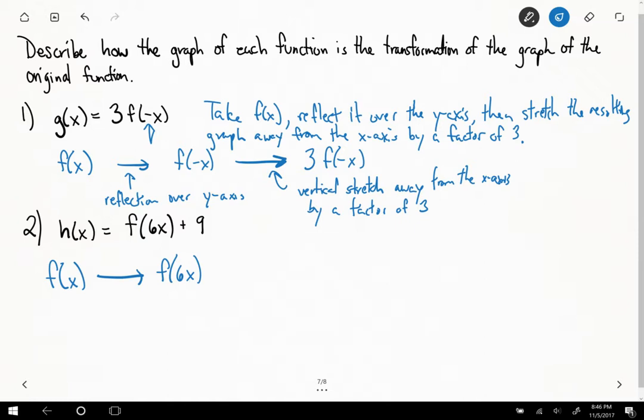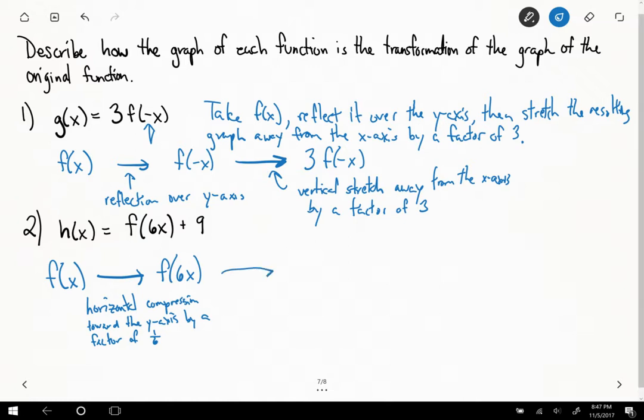Since that's on the inside of our parentheses here, this is a horizontal, now you got to remember it's a compression, so compression toward the y-axis by a factor of 1/6.